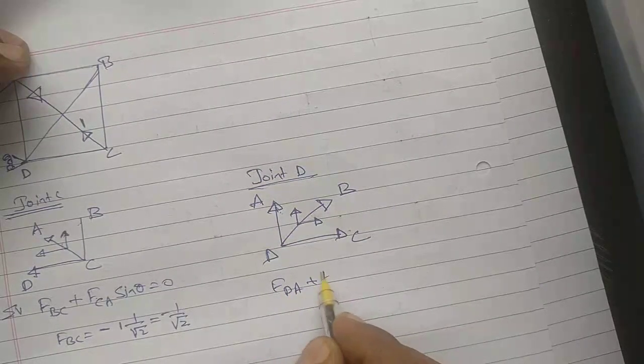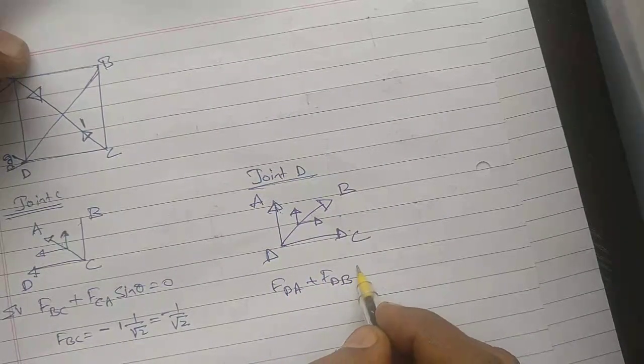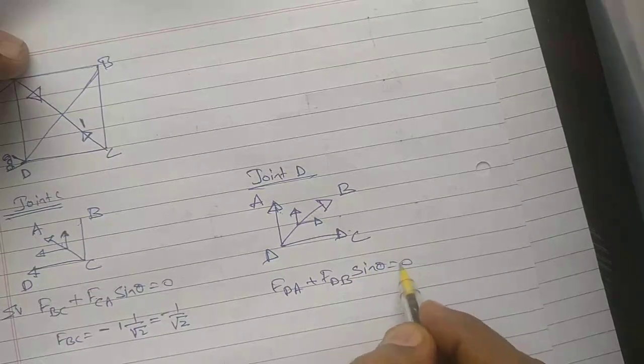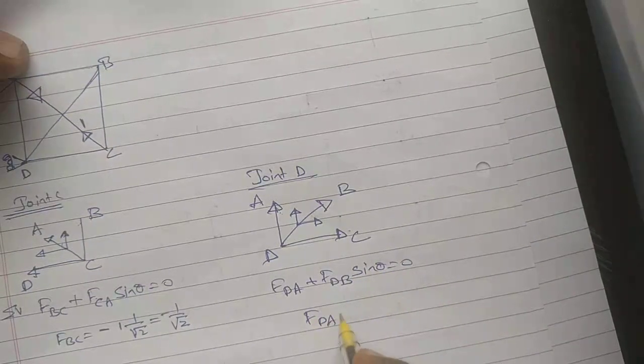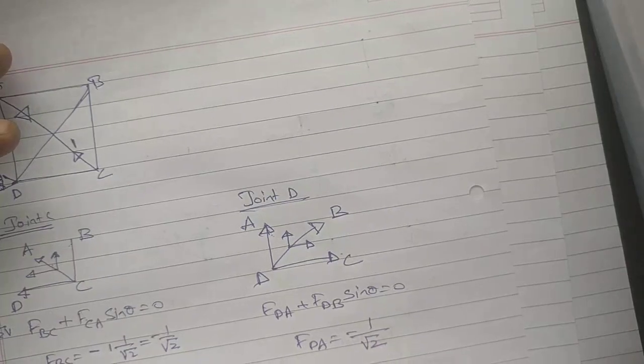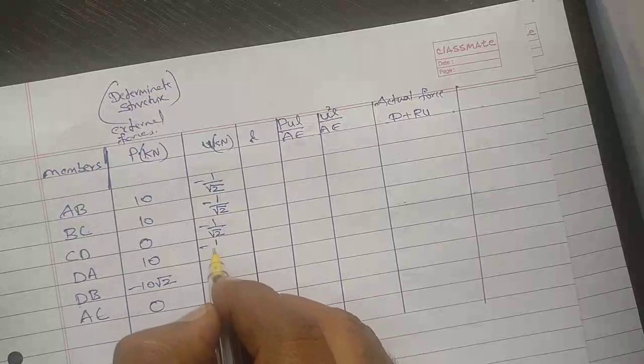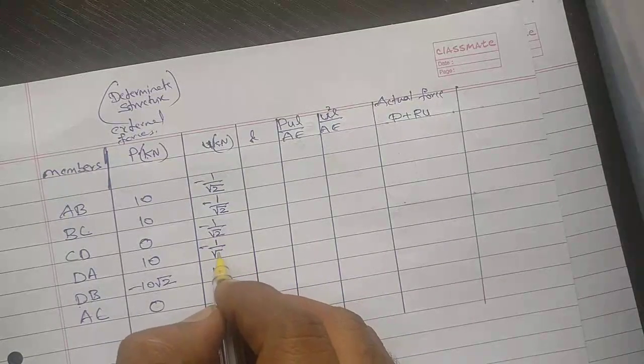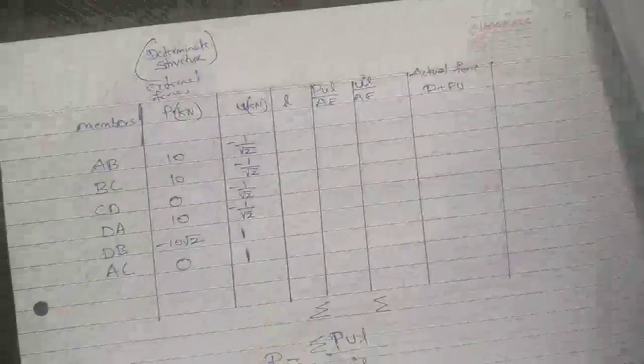FDA plus FDB sin theta is equal to 0. FDA is equal to minus DB. DB is 1, by sin theta, 1 by root 2. FDA, cancel root 2. Again minus 1 by root 2. This we got.